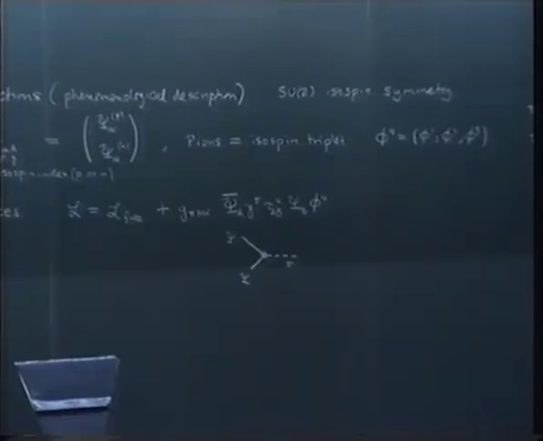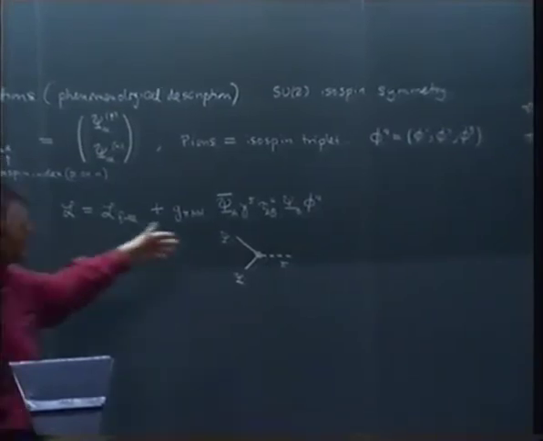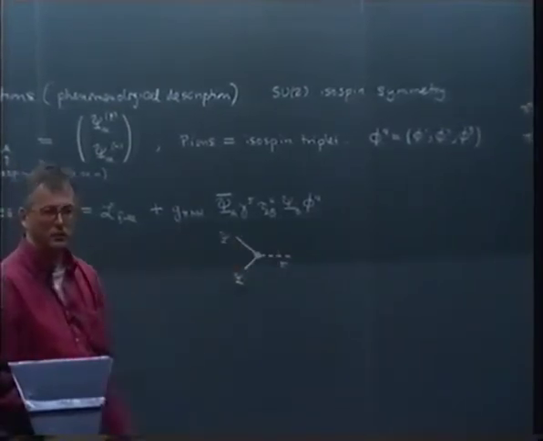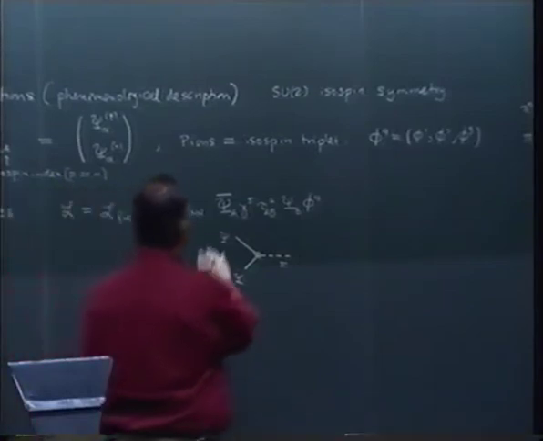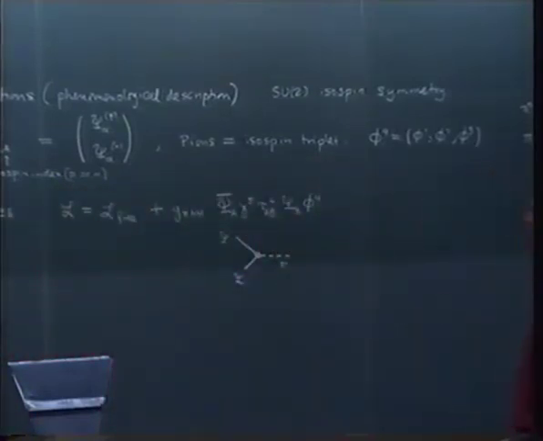It's a parametrization which we can try to describe pion-nucleon interactions. Of course, from here, then we would have to go on, calculate cross sections and so on, compare with the experiment, and check whether this ansatz makes good predictions.